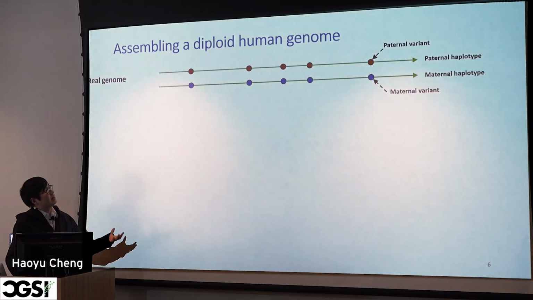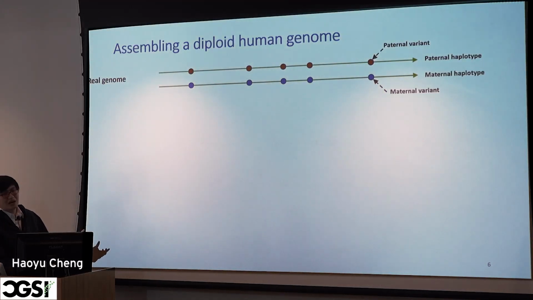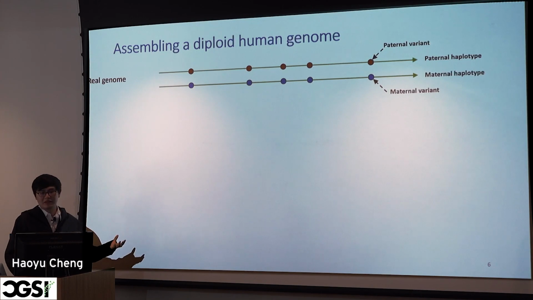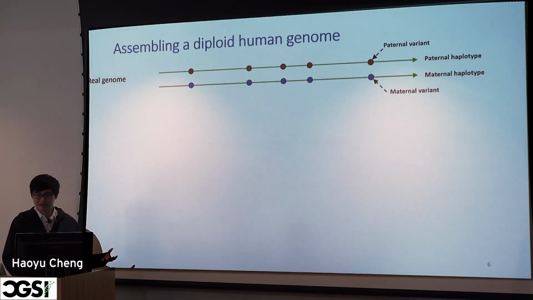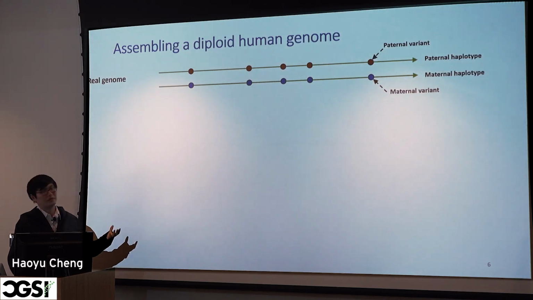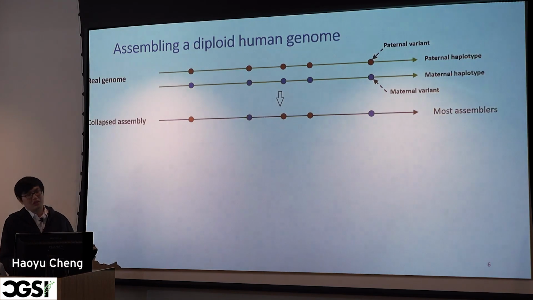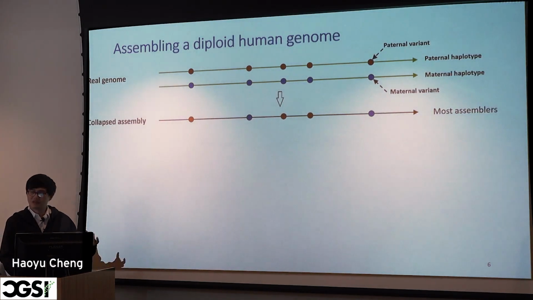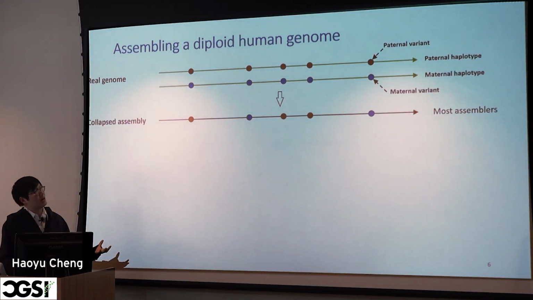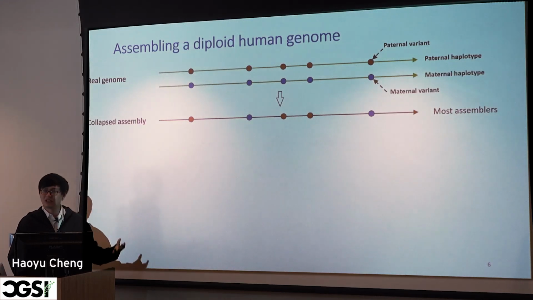For this example, if we have the 2 haplotypes, there are many dots in red that represent the paternal, haplotype-specific variants, and we also have a lot of blue dots that represent the maternal variants. Most traditional genome assembly algorithms just try to output one collapsed assembly that is a mixture of the 2 haplotypes.